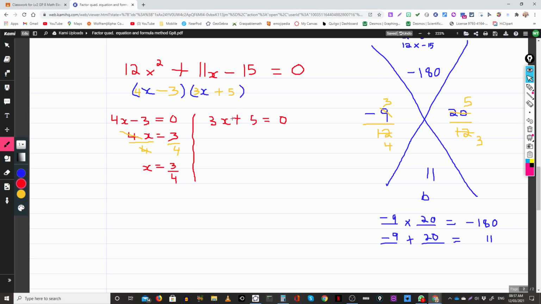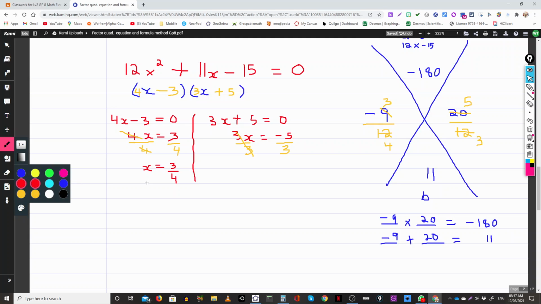The next solution: solving for x here, you take the 5 across, you get 3x equals minus 5. Then you divide both sides by 3 to get rid of the 3. The 3's cancel.